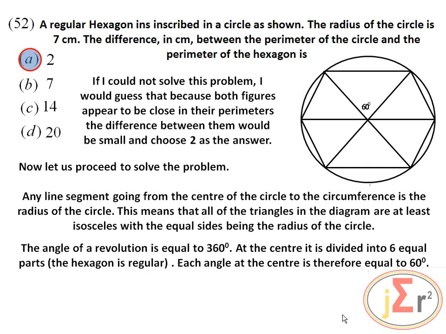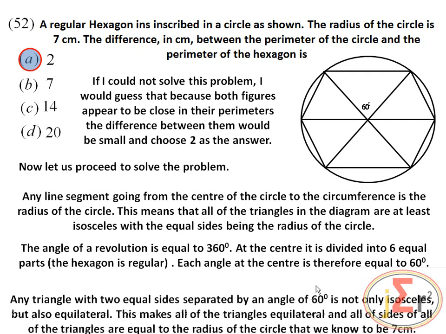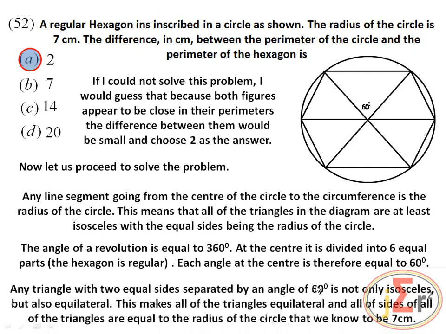Any triangle with two equal sides separated by an angle of 60 degrees is not only isosceles but also equilateral. We'll prove this later, of course. This makes all of the triangles equilateral, and all of the sides of all of the triangles are equal to the radius of the circle that we know to be 7 centimeters.